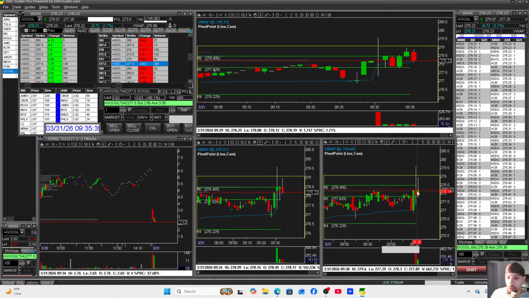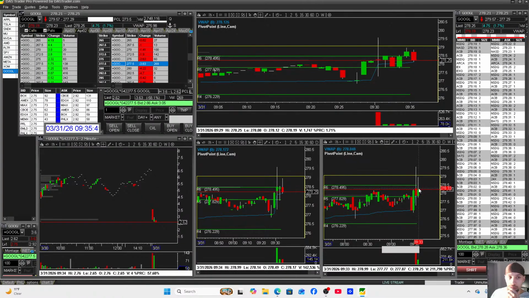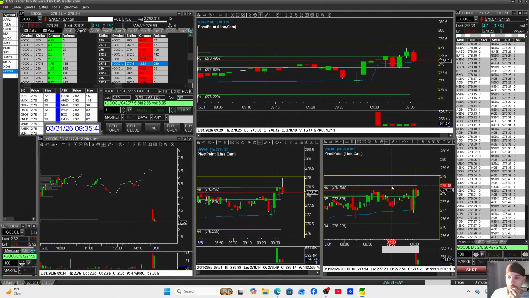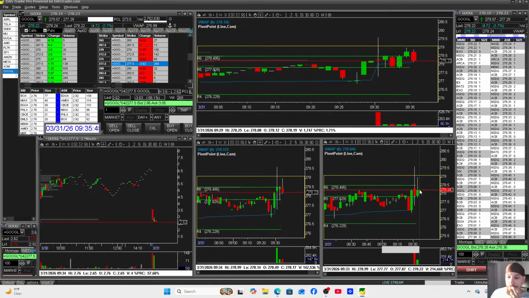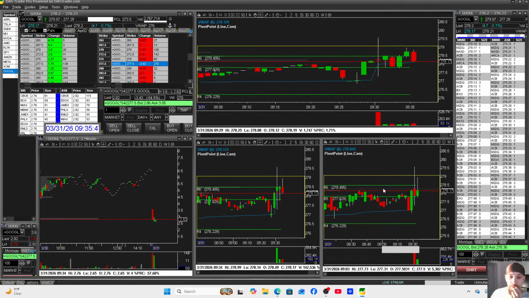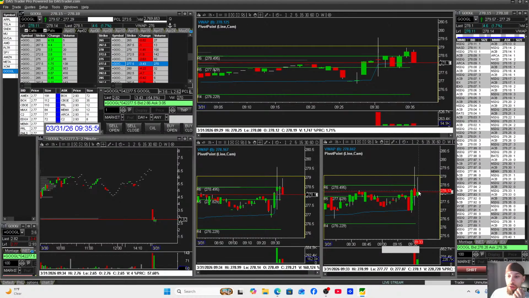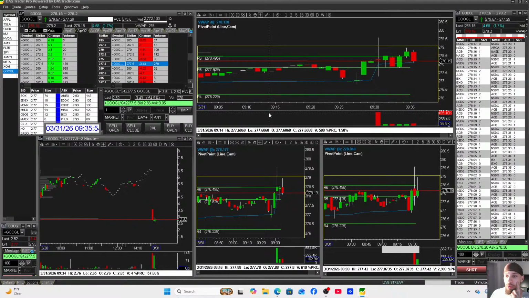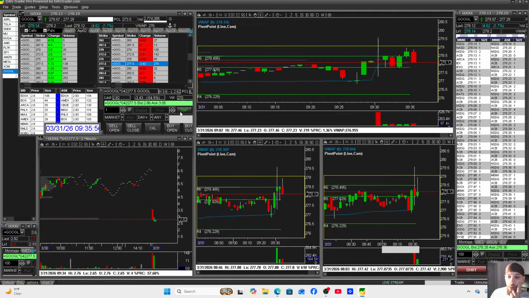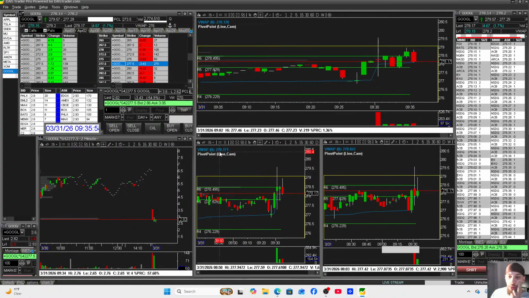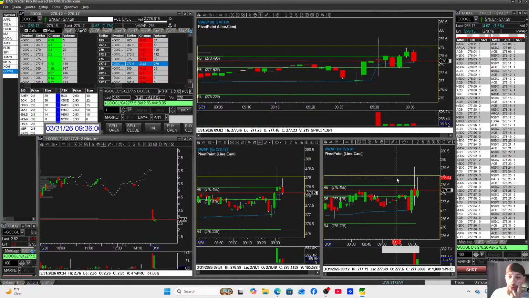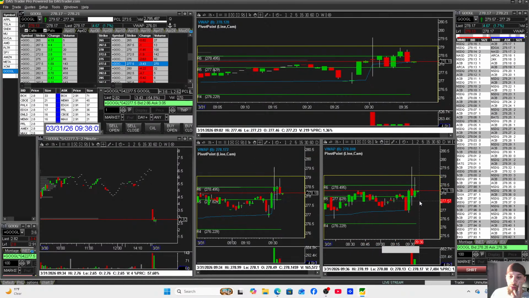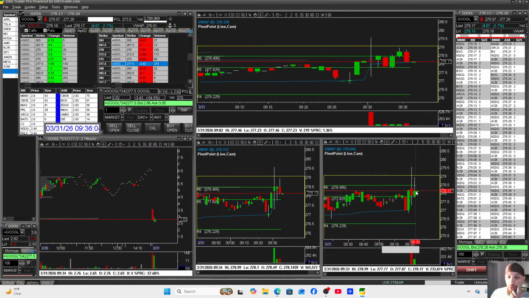Starting to pull back here. This 3 minute candle closes below VWAP in the next couple seconds. Might look for a short. It's definitely showing some weakness here.